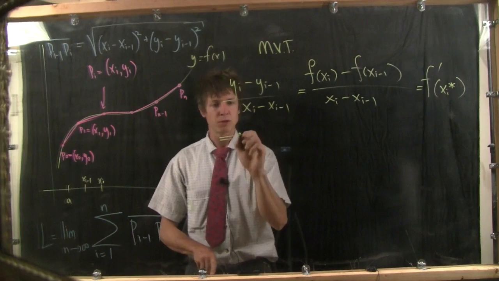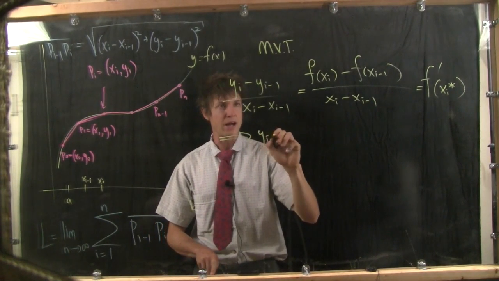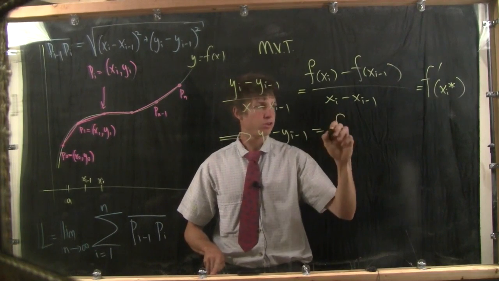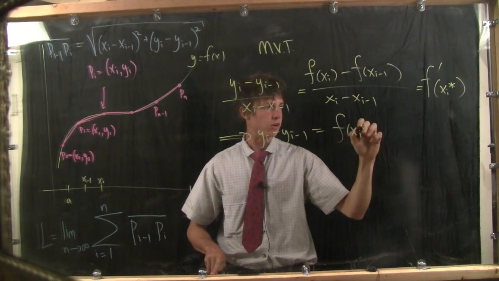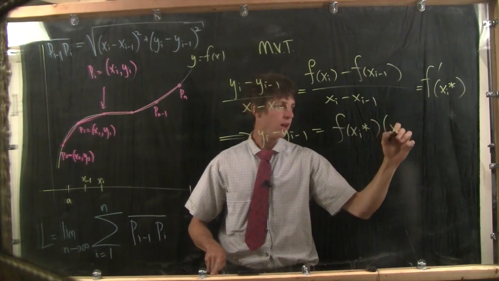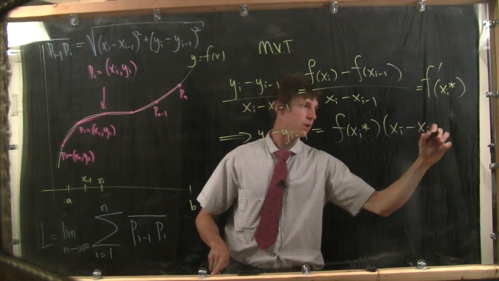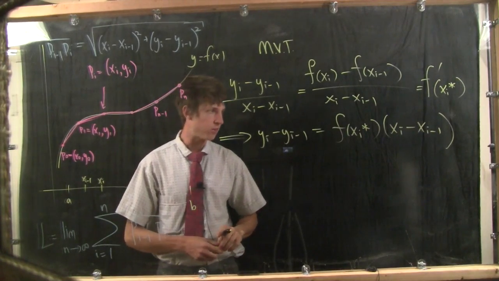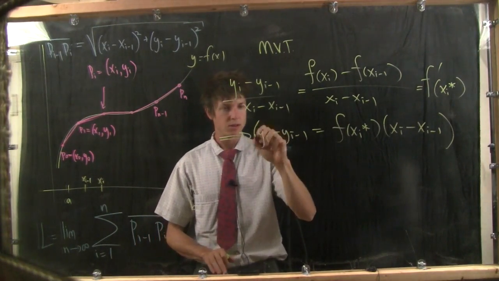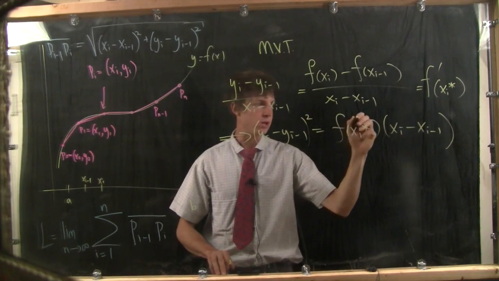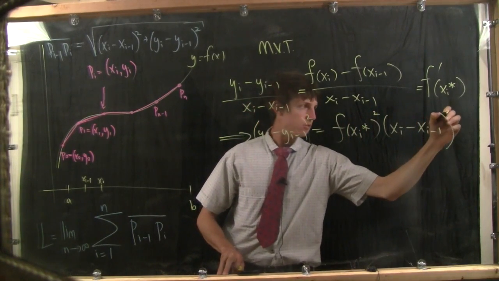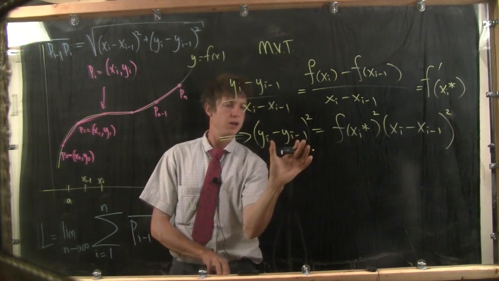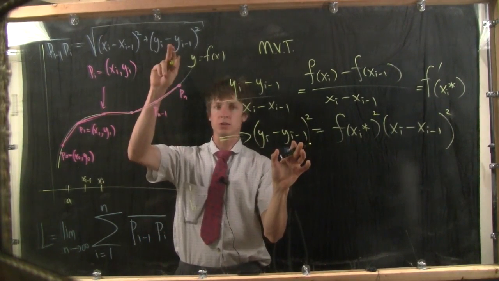So this gives us that yi minus yi minus 1 equals f prime of xi star times xi minus xi minus 1. And the final thing I'll do to this is I will square everything. So you have no idea what I'm doing at this point. I'm just playing around with these expressions, but maybe you see it now. This thing right here is sitting right here.